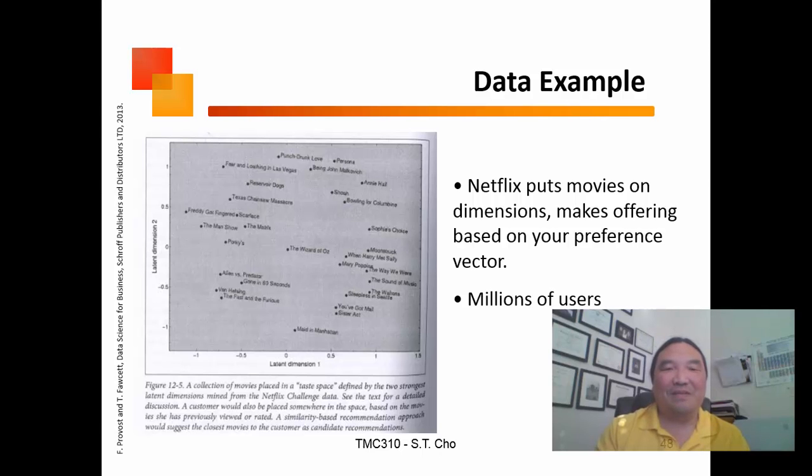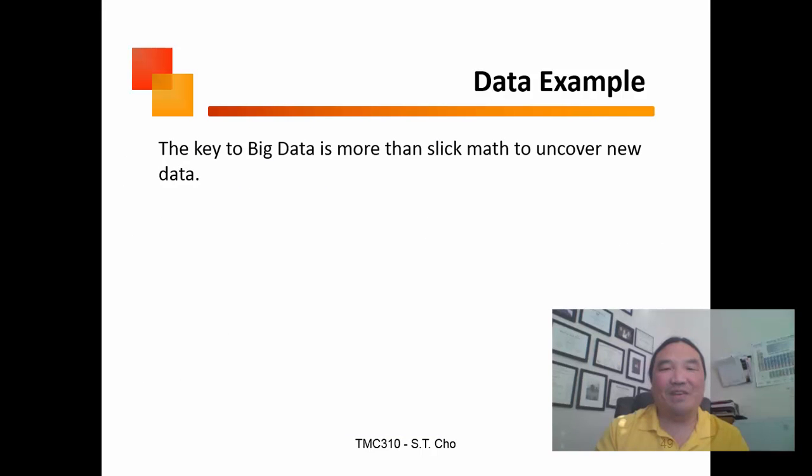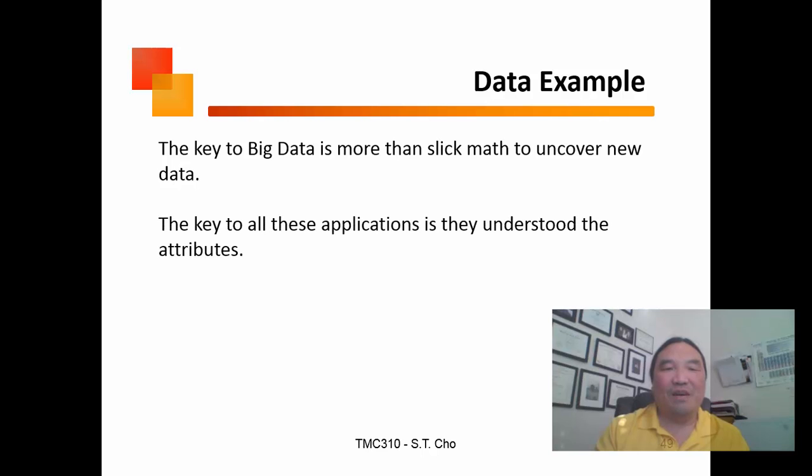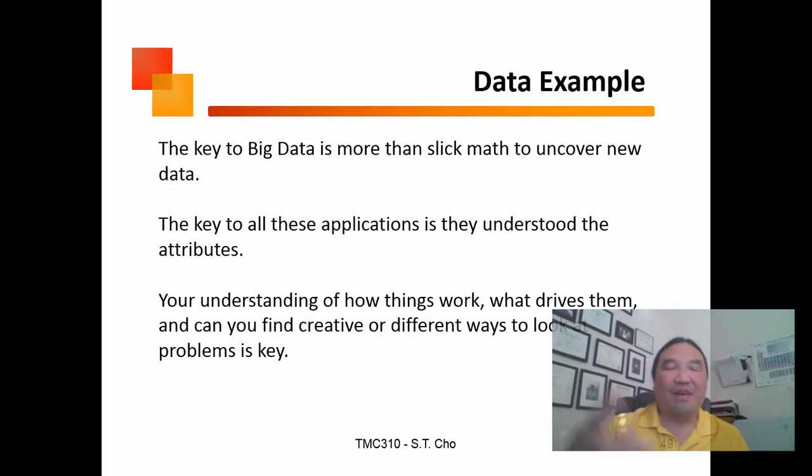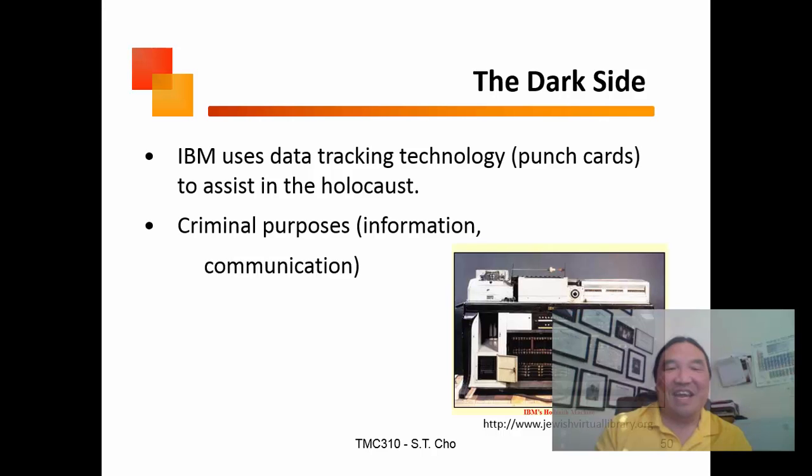Netflix, they look at your patterns of movies and see what it is that you like. And essentially what they do is they figure out different attribute values that these movies share in common. And they do it for a variety of systems. And so, once again, it's about, do you understand it and how to apply it?